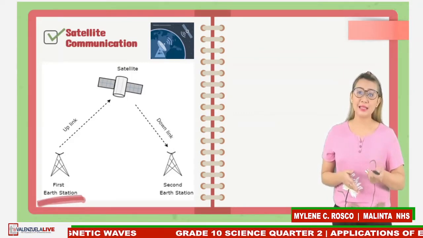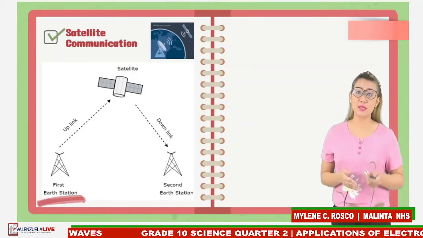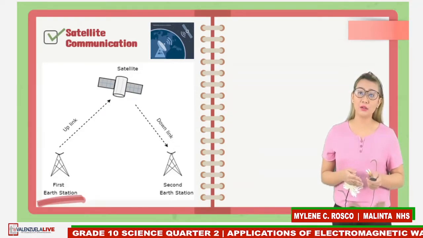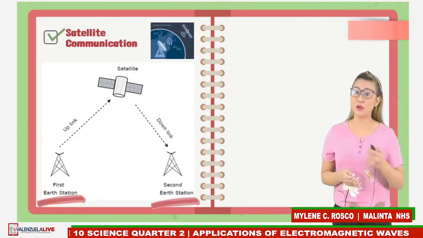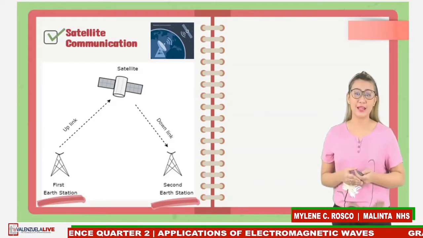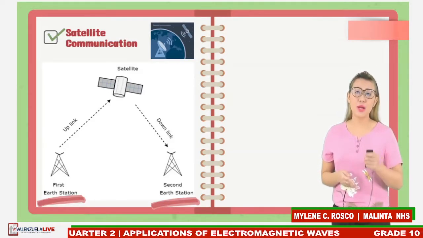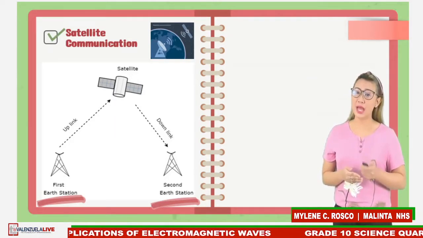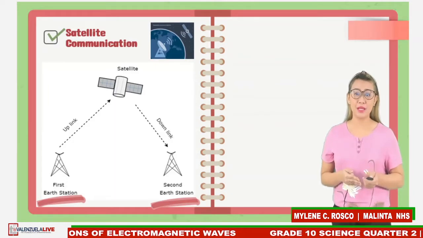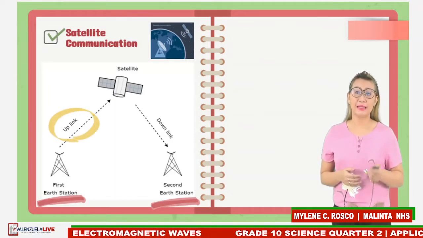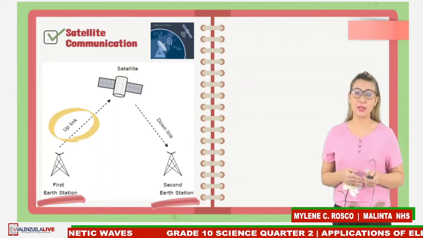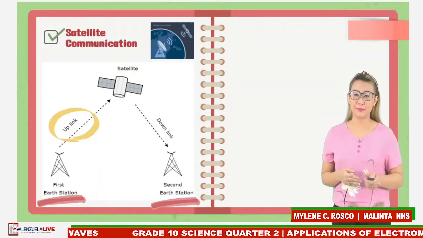The satellite receives and retransmits the signal back to Earth, where it is received by other Earth stations in the coverage area of the satellite. The transmission from the Earth to the satellite through a channel is called uplink, while the transmission from the satellite to the Earth station is called downlink.